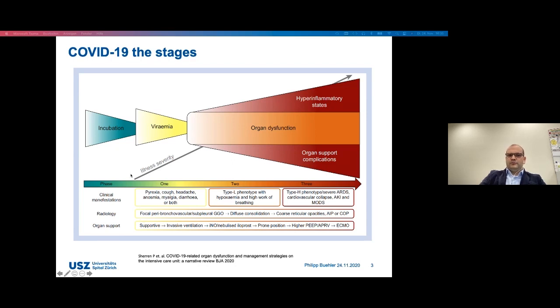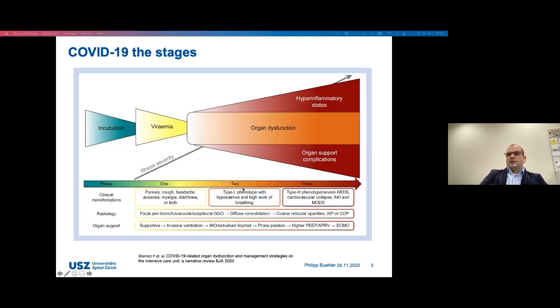The disease begins with an incubation phase, followed by viremia, and mostly COVID-19 patients present asymptomatically or with mild symptoms. Only a small percentage of severe cases progress towards organ dysfunction, which is of importance especially in phases 2 and 3.